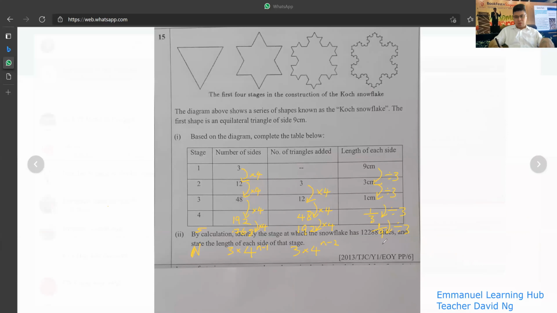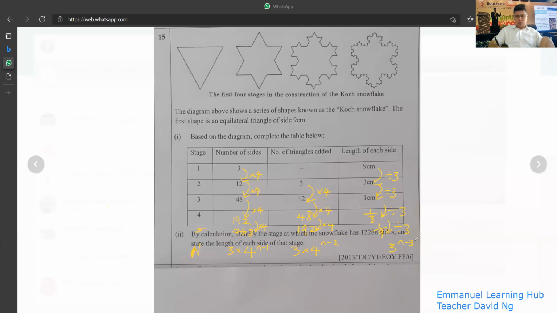So the fraction becomes smaller and smaller as n gets greater and greater. Because I divide by 3, definitely the base is going to be 3, and 3 to the power of something. Because I start from stage 3, you have an n minus 3 somewhere.